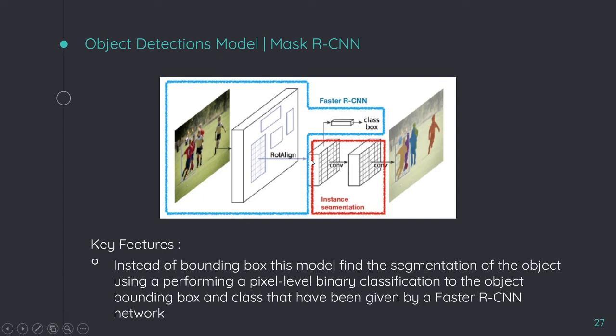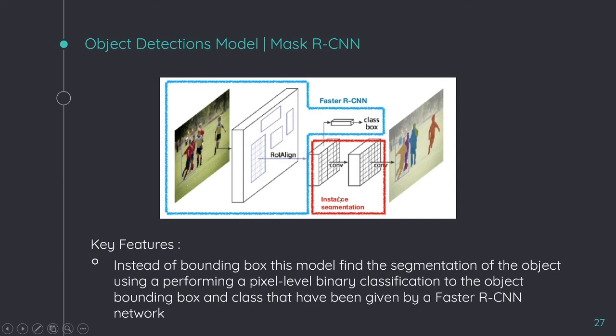So the output of the convolutional network converts the region of interest into pixel level segmentation by using a fully connected layer. This model's output is a mask, a bounding box, and a classification. So we have three outputs: the class and the bounding box from the Faster R-CNN model, and the mask from the branch that was created in the output.